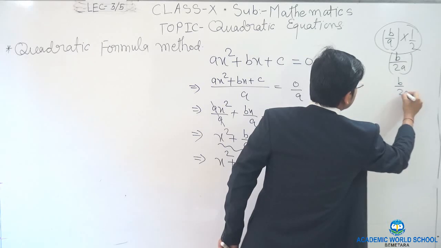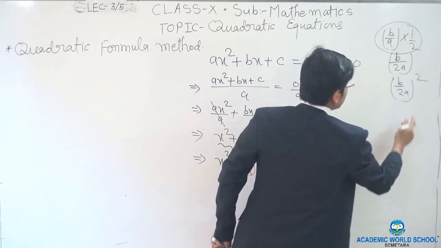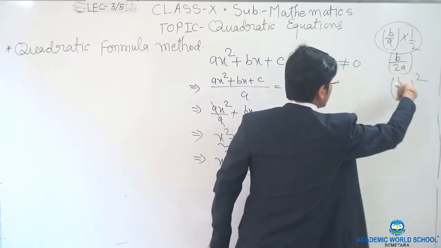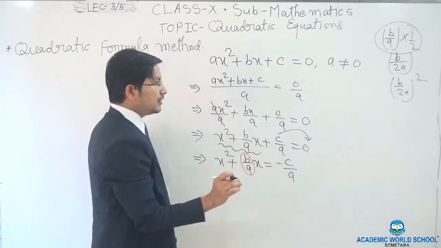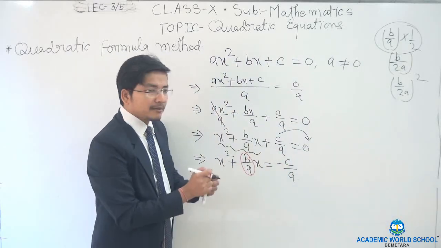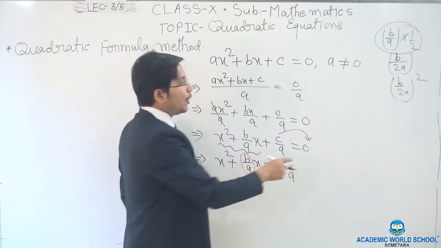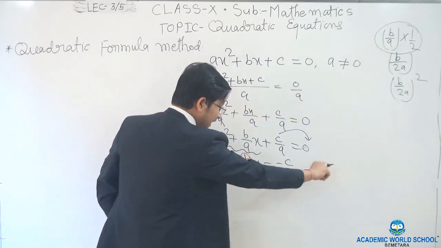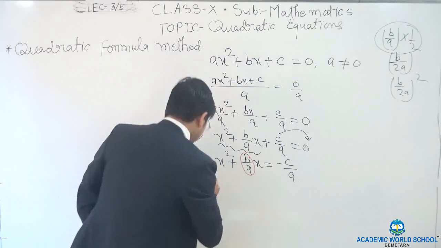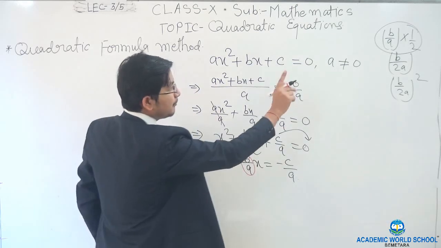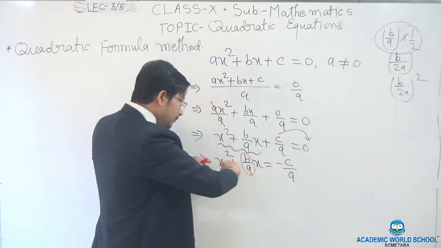Now make this a square, so this will be b upon 2a whole square. Now we are going to add b upon 2a whole square on both sides of this equation.